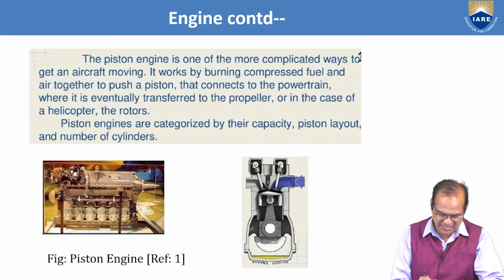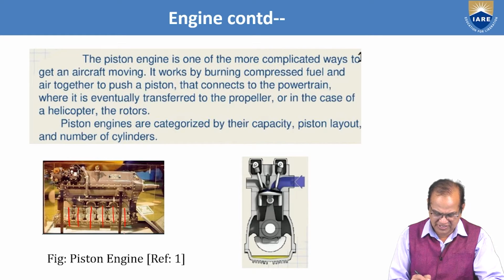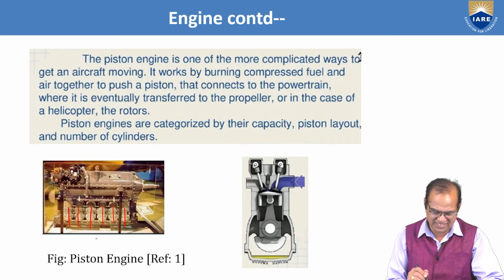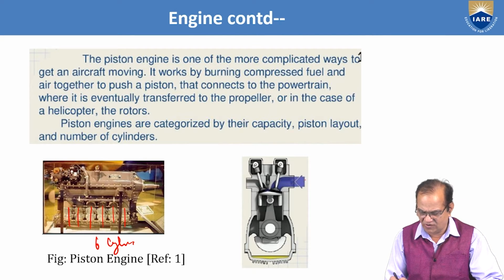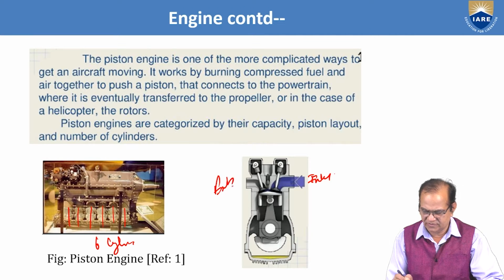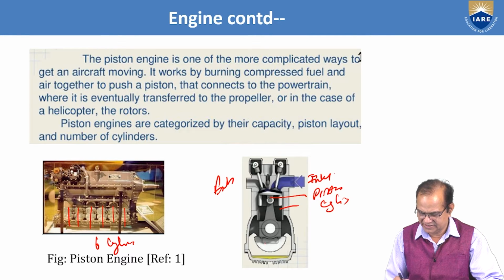You can see here the number of cylinders: 1, 2, 3, 4, 5, here 6. So here we have the 6 cylinders, and the valves are here. This is the inlet valve, this is the exhaust valve, and here is the piston, this is the cylinder, this is the crank, this is the crankshaft.